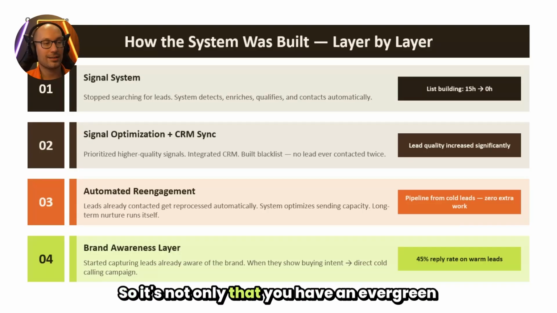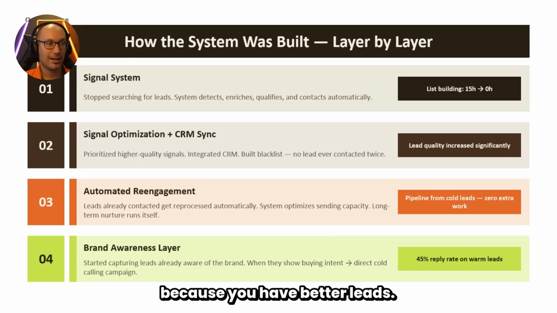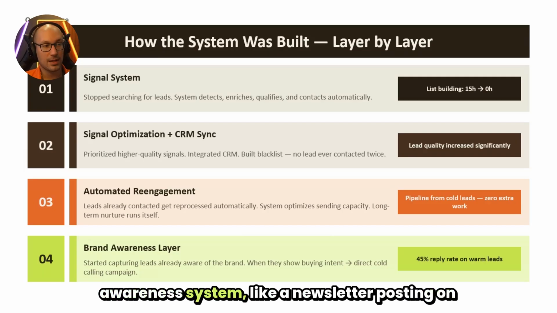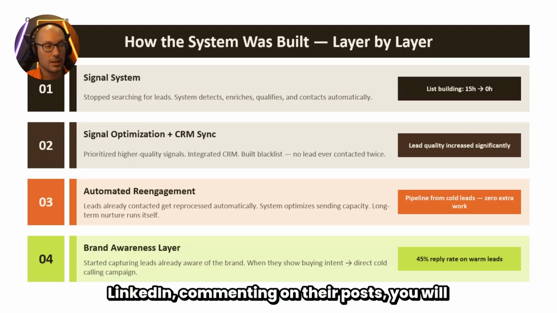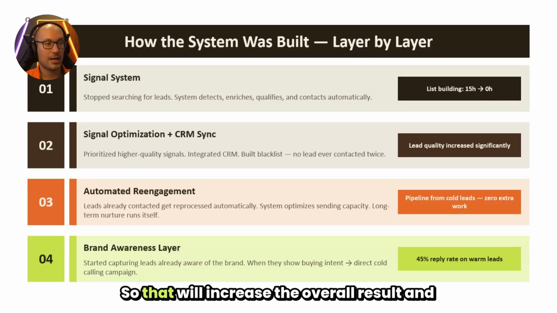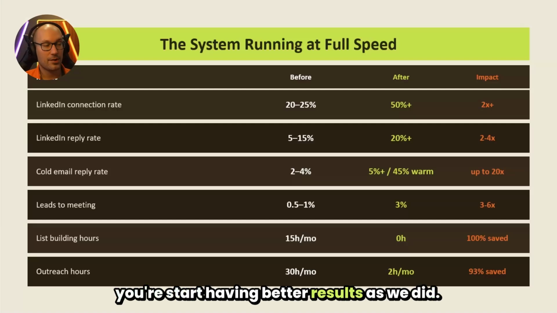So it's not only that you have an evergreen system now, it also increases the results because you have better leads. And if you also combine this with a brand awareness system, like a newsletter, posting on LinkedIn, commenting on their posts, you will notice that more leads will reply to you. So that will increase the overall result, and you're going to start having better results, as we did.